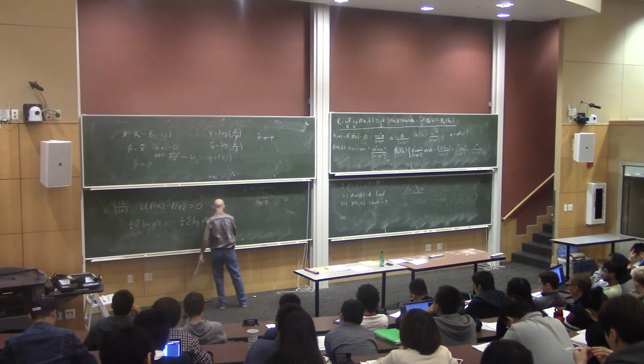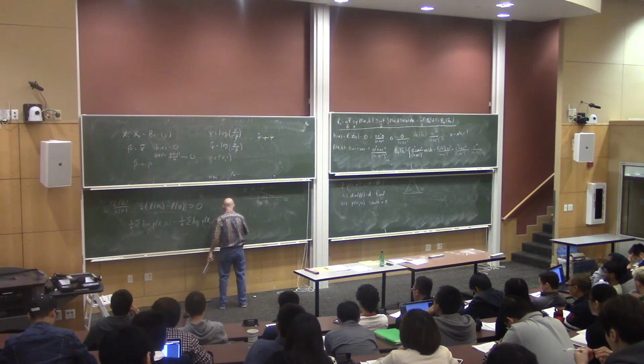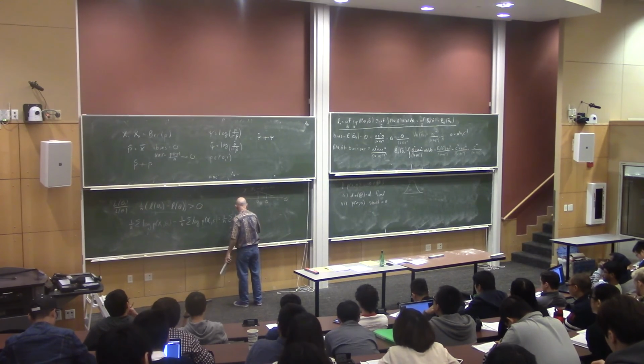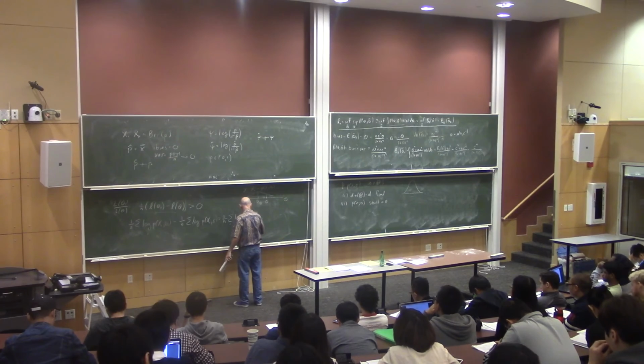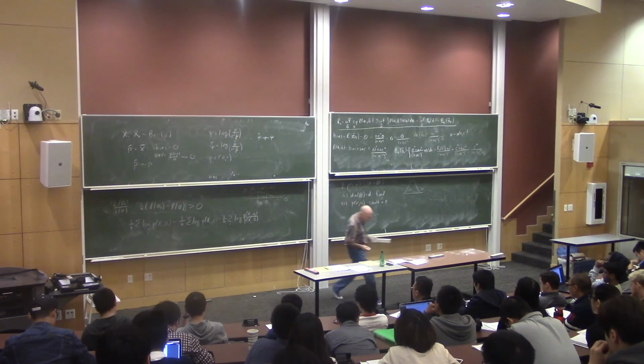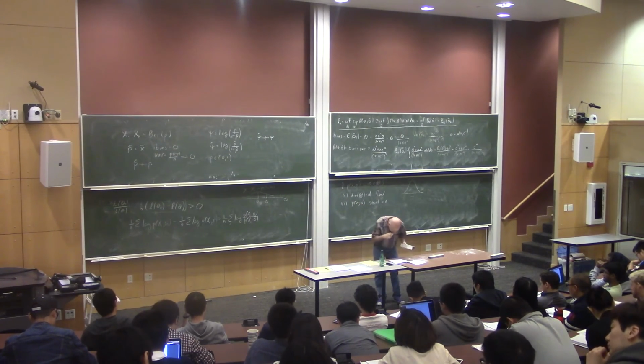So this becomes 1 over n times the sum over i of the log. Did I do it in the same order as I did it in the notes? Yes.